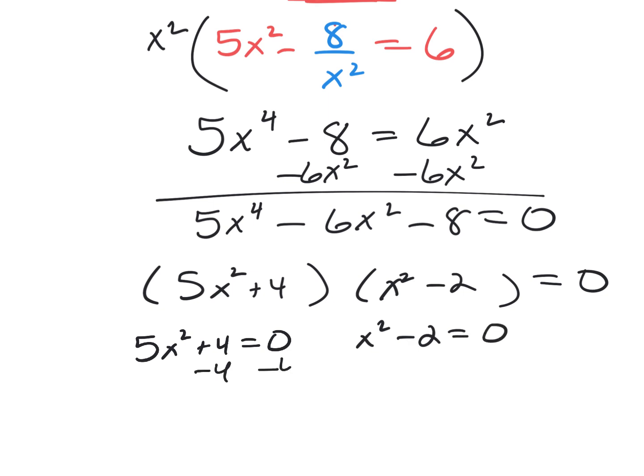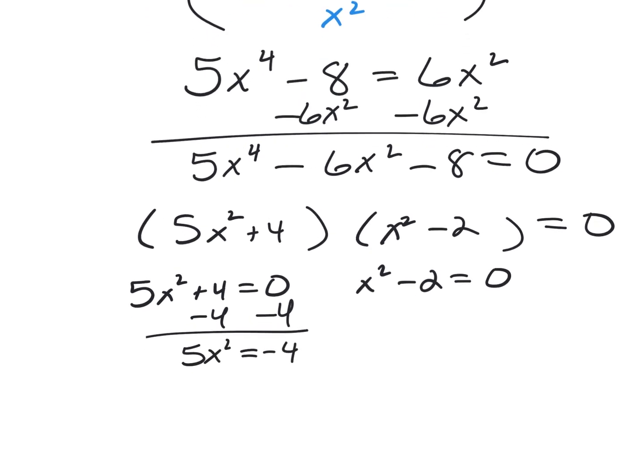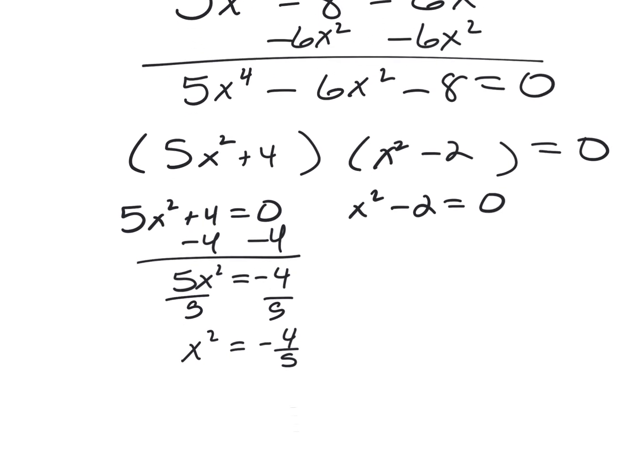Move the 4, 5x squared equals negative 4, divide by 5, x squared equals negative 4/5. Now again, WebAssign, once we try to square root this, it's imaginary.